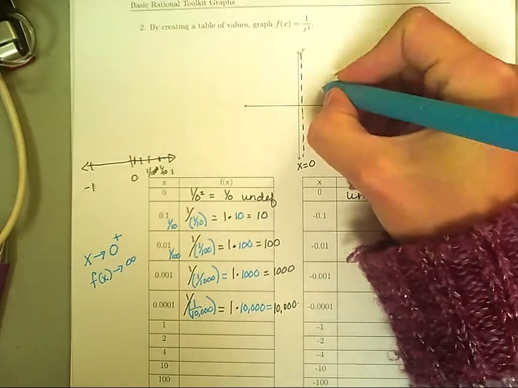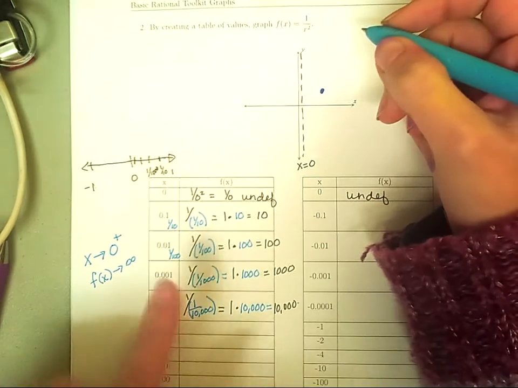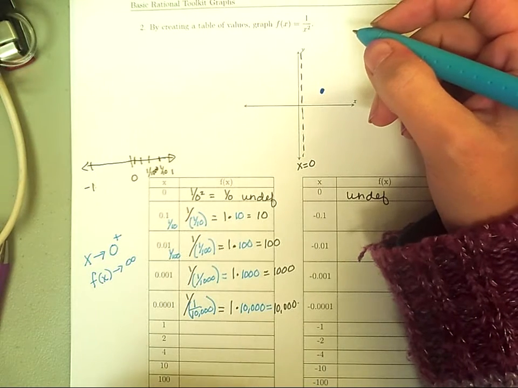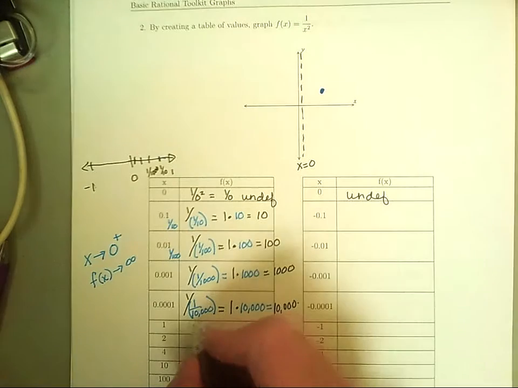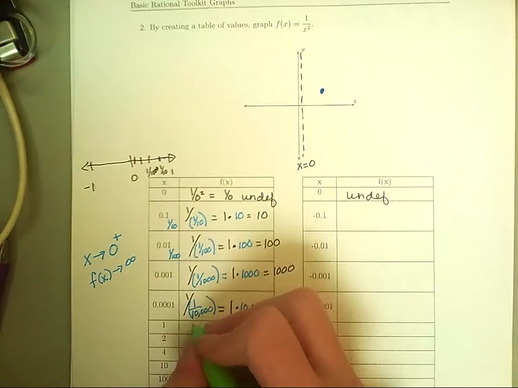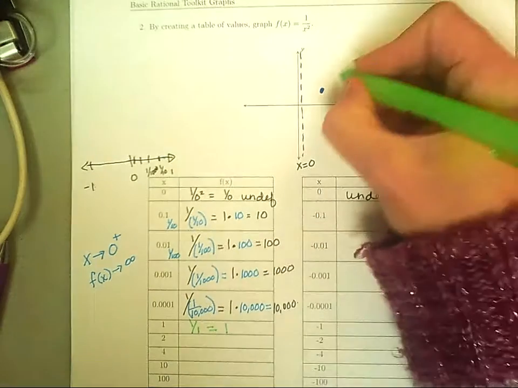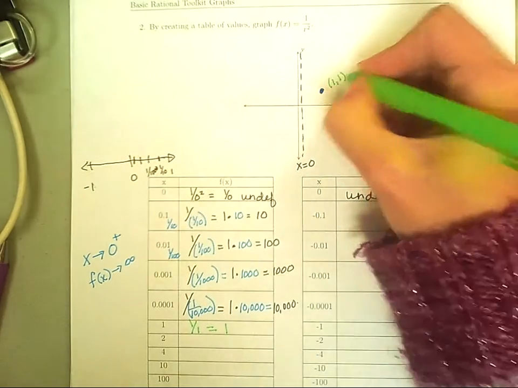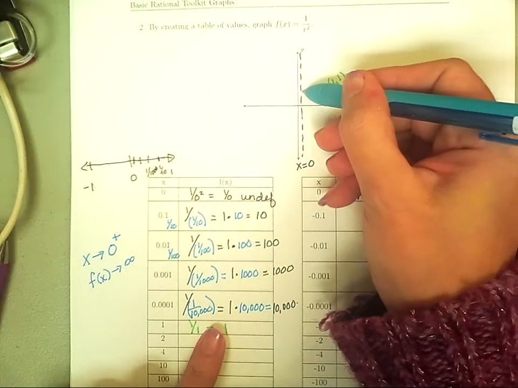So if here's the point, what point should this be? Well, let's put in one more to make this a little easier. With 1, we'd put in 1 over 1 and get the number 1, so this would be the point 1, comma 1. Now I'm approaching 0 from the right.